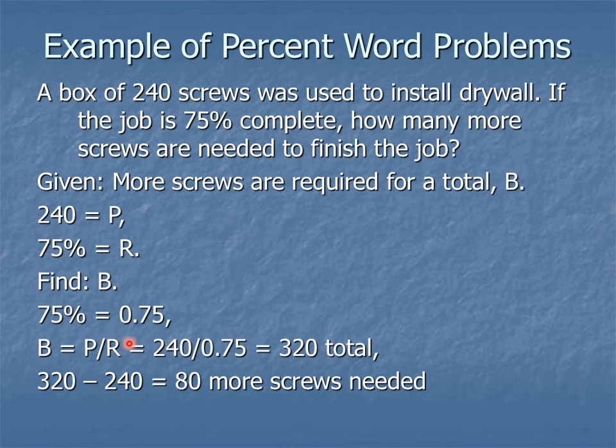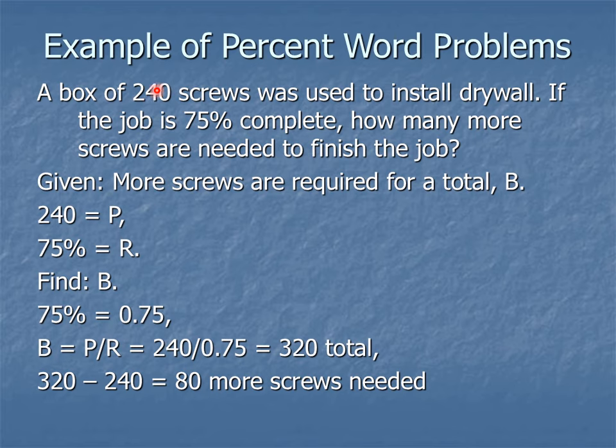Another example. Again, a word problem. A box of 240 screws was used to install drywall. Now, if the job is 75% complete, how many more screws do you need to finish the job? First of all, you probably want to identify what 240 is here.